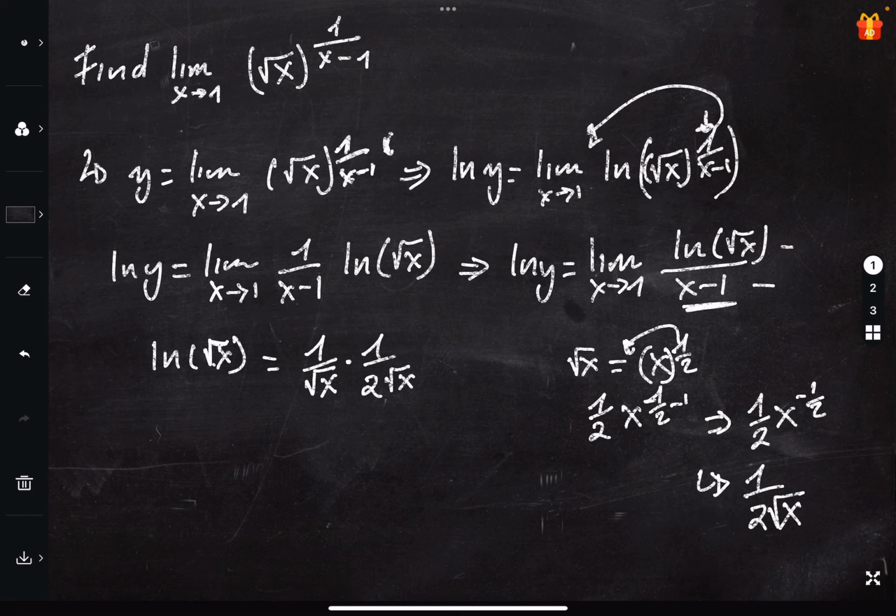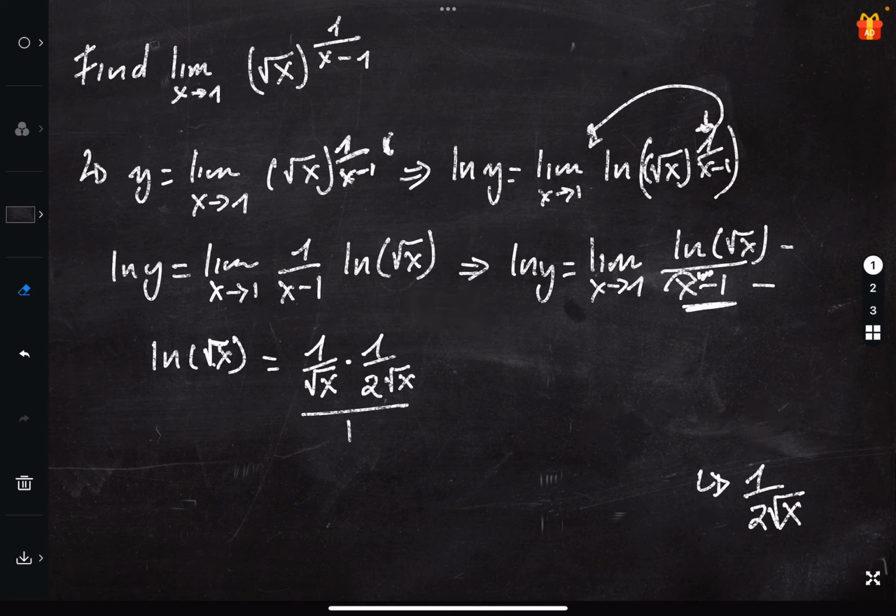And down here, the derivative of x minus 1 is just 1, because I drop the 1, and 1 minus 1 at the top for the power will give me 0, so I end up with 1. And then the derivative of a constant becomes 0. So I end up with this over 1. Perfect. I'm going to erase this part of the screen so that we can continue.